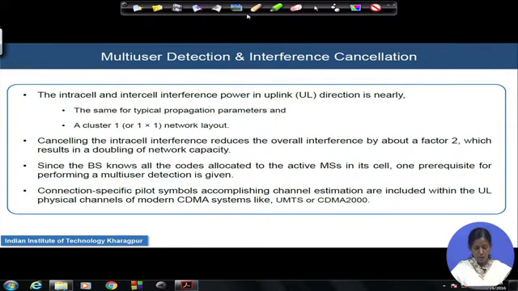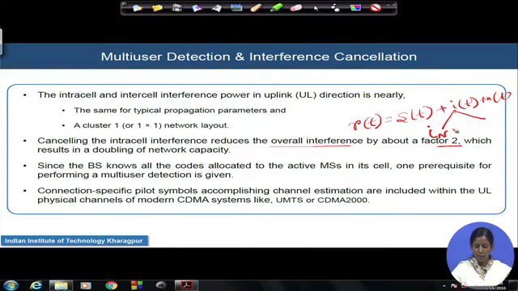Now, if I can cancel the intra-cell interference, then it will reduce the overall interference by about a factor of 2, because when we receive a signal r(t), it is the intended signal plus I(t) plus n(t). This I(t) has basically two branches: one is the intra-cell interference, which I will write as I_intra, and another is the inter-cell interference, I_inter.